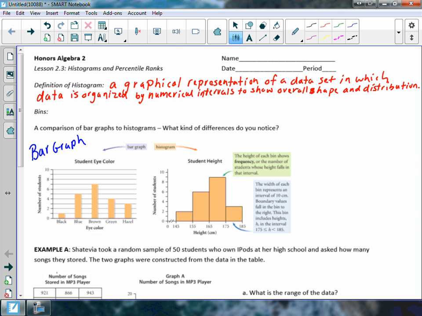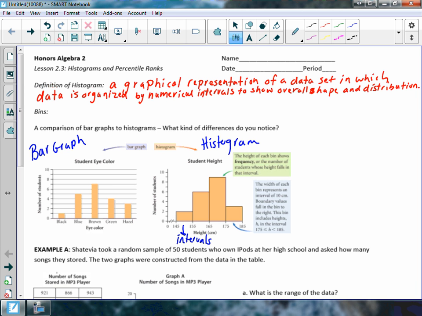Student height, however, would be a histogram, because height is something that is numerical and can be measured, and so you can arrange your x-axis by interval. Here are my intervals down here, and decide how many people fall within that particular interval.